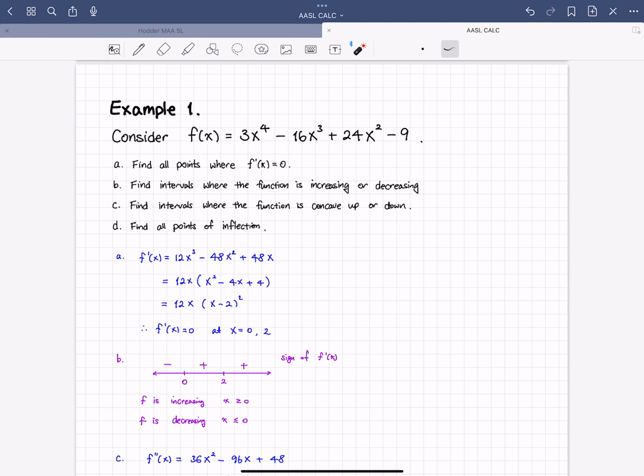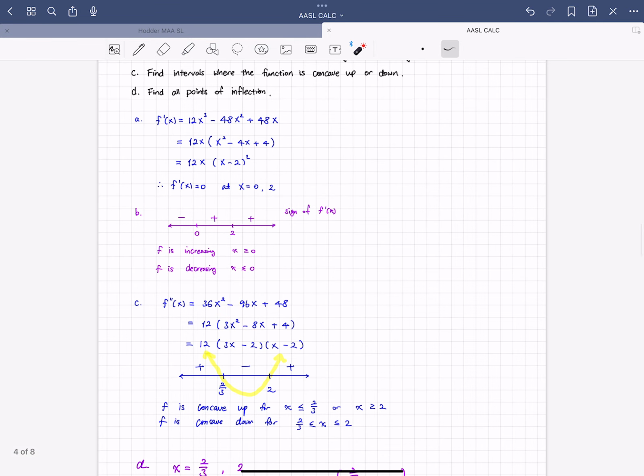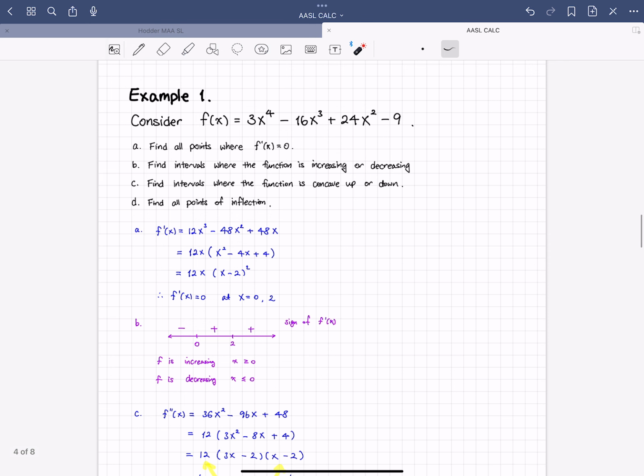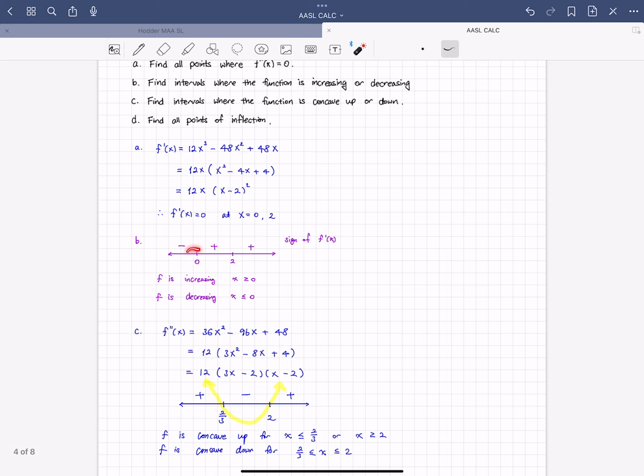So that's it. And from looking at this, you could even graph the function, right? So there is a minimum, right, at x equals 0. And you could tell by the sign of f prime because the f prime was negative before 0 and then positive after.